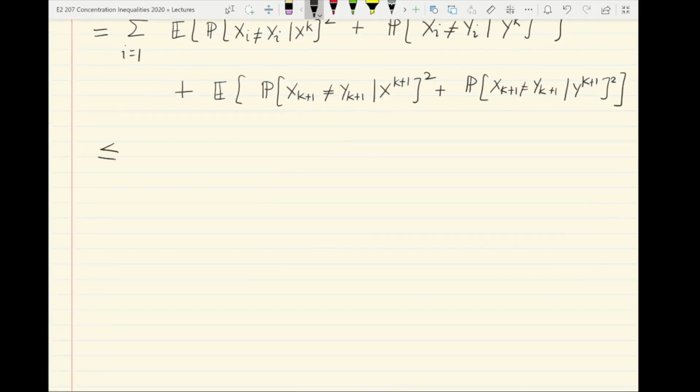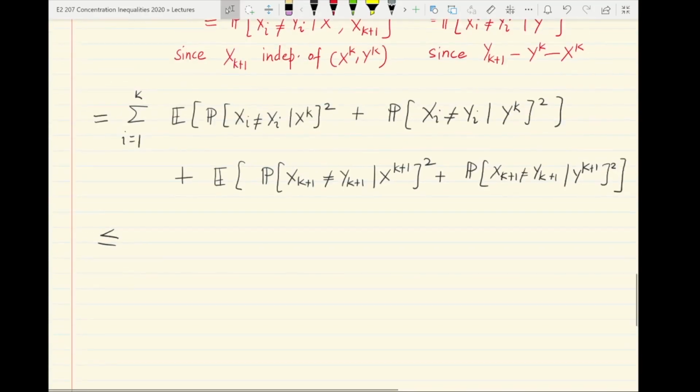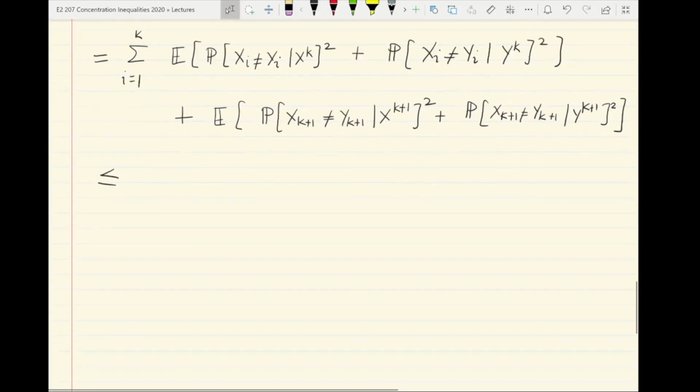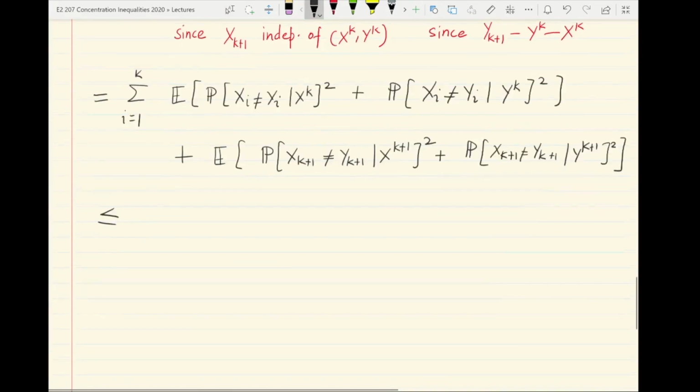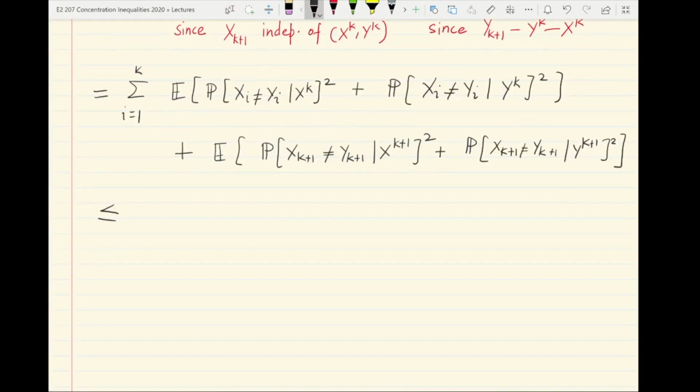And now we are in a position to finally bound this. We'll use the induction hypothesis on the first sum. Note that we have massaged the first sum into exactly the form that the induction hypothesis for n equal to k guarantees us, and we will use inequality 4 on the k plus 1 part, the remaining part.